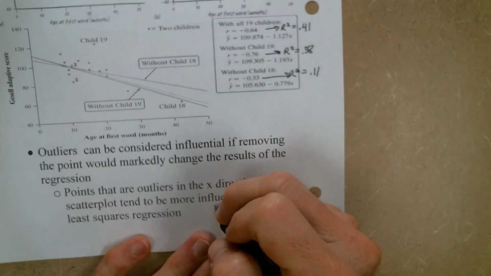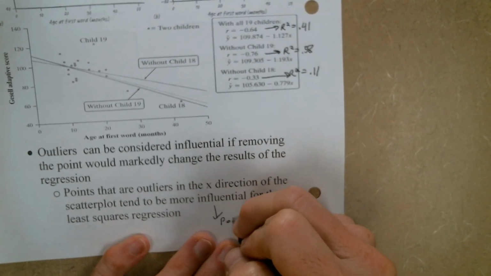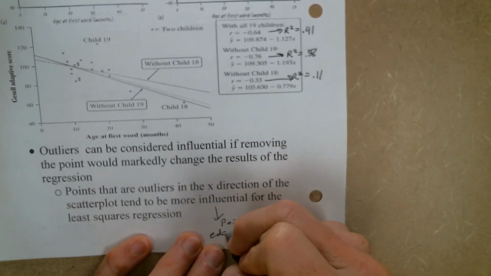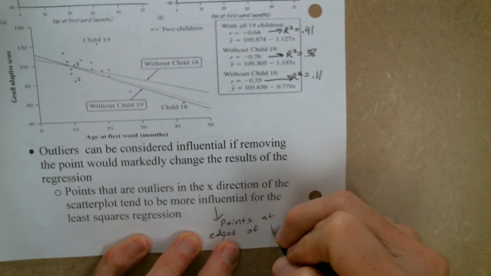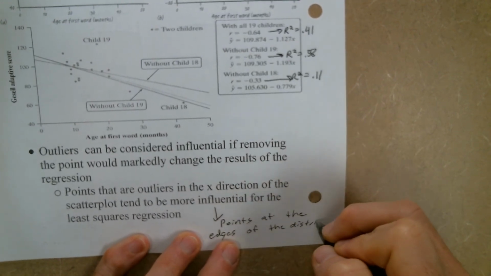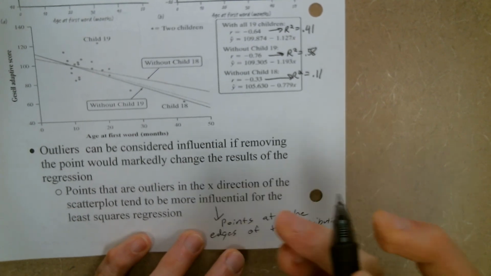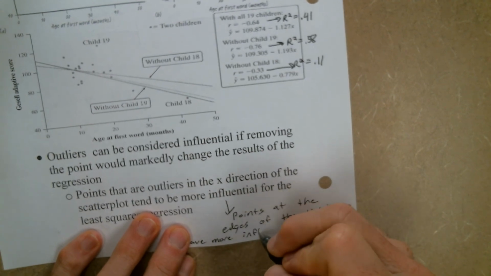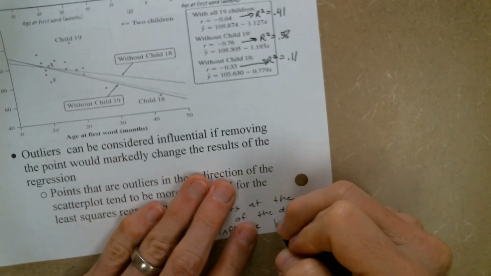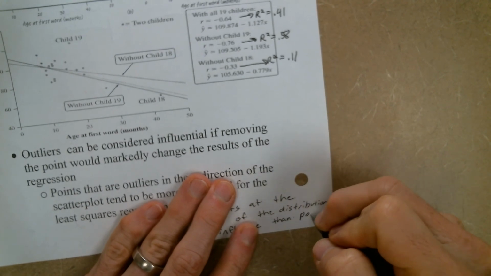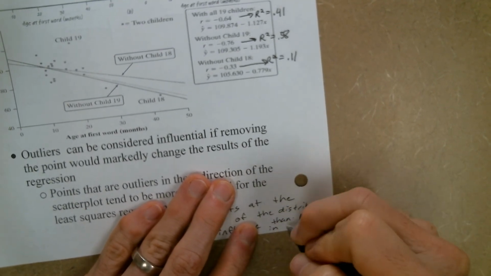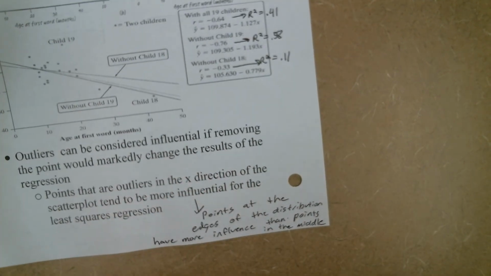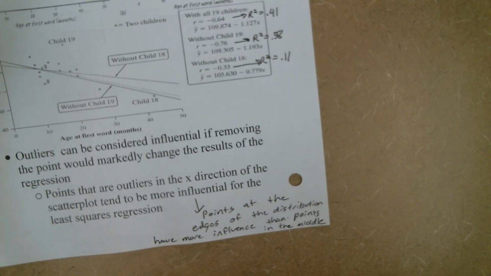So this is that thing that we were saying before, that points at the edges of the distribution have more impact than ones in the middle. All right, that's basically what this last one is saying, which we've seen time and time again with our correlation stuff. And again, correlation is directly tied to regression, so it's all connected.